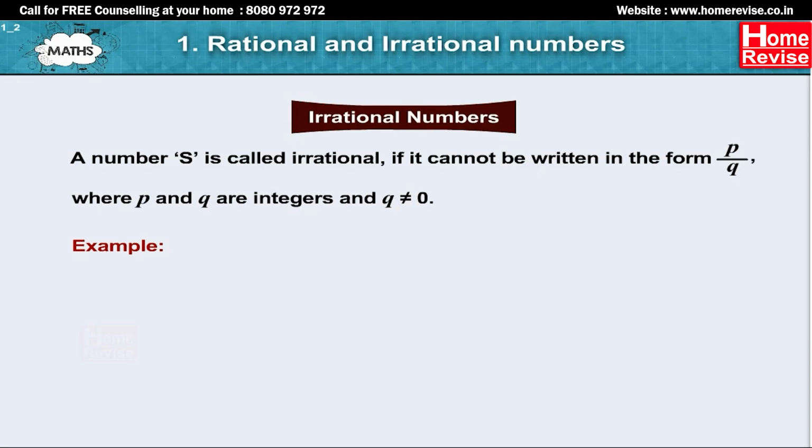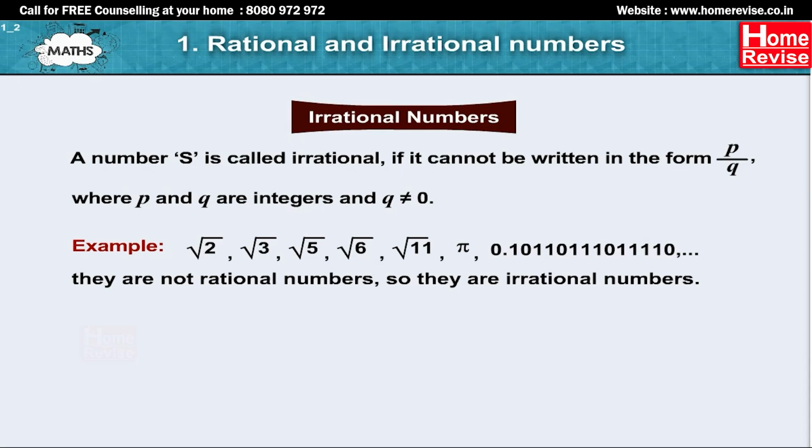For example, root 2, root 3, root 5, root 6, root 11, pi, or 0.10110111011110, etc. They are not rational numbers, so they are irrational numbers.